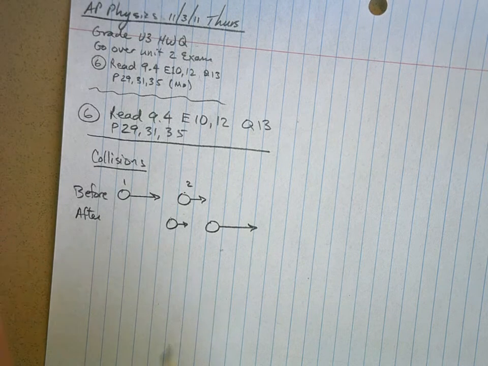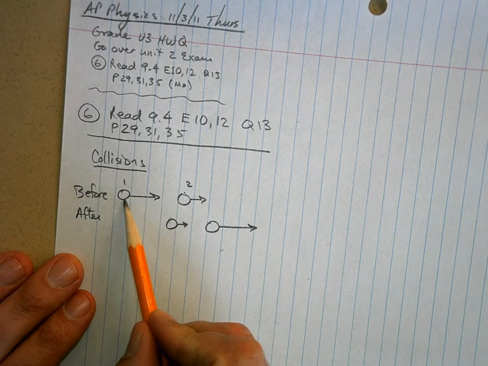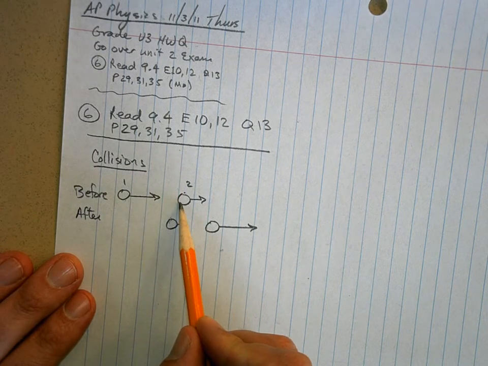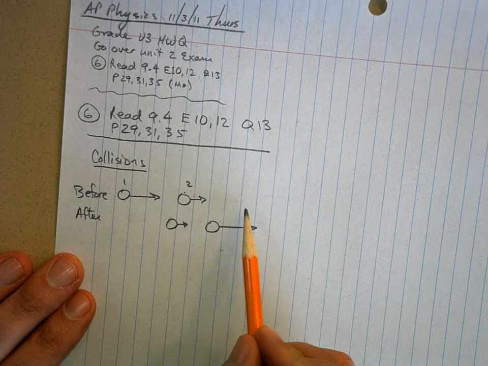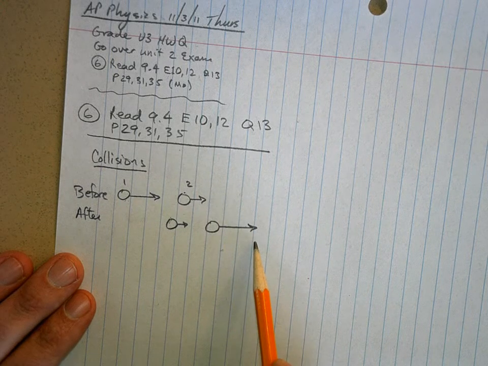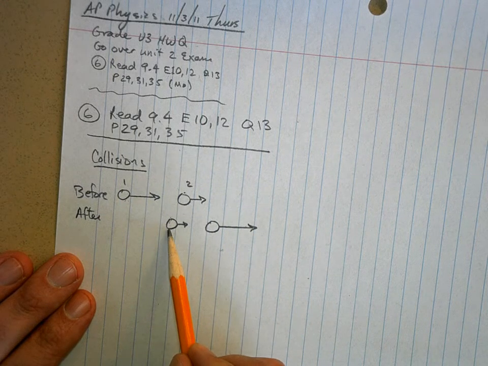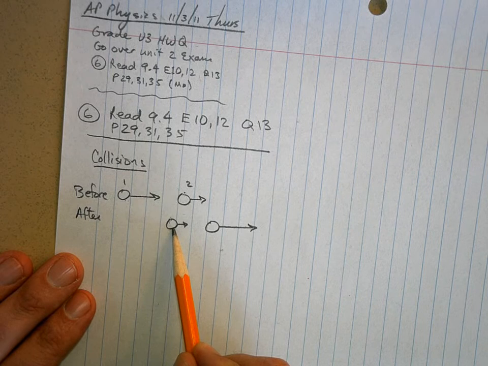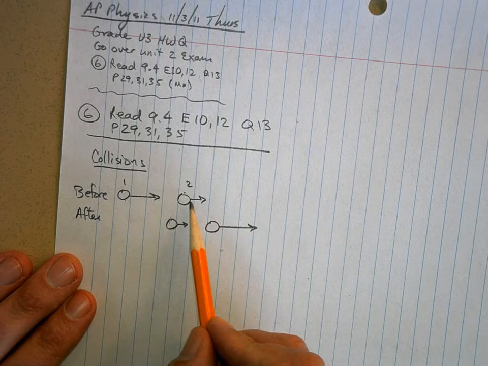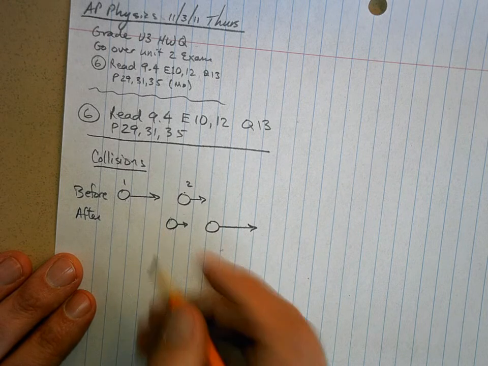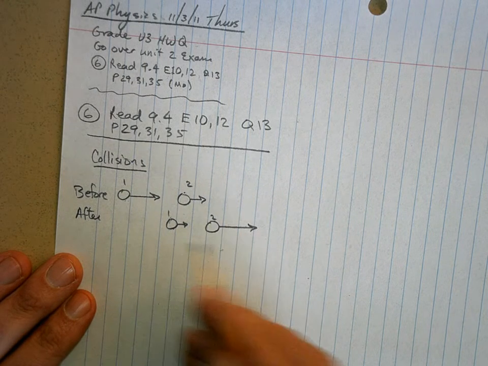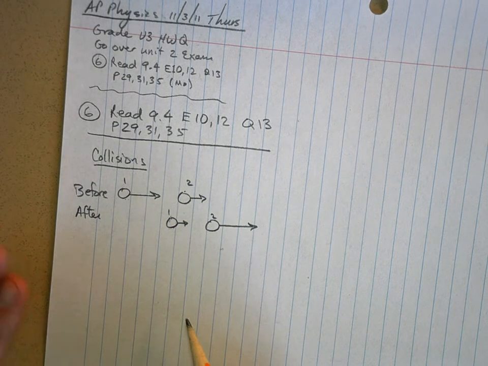So really what's happened is that object 1 has applied a force to object 2, accelerated it. Now it's going faster, but there was an equal and opposite force on this object, slowed it down a little bit, and so the momentum changed for both objects. But when you add up all those changes, they have to equal 0.